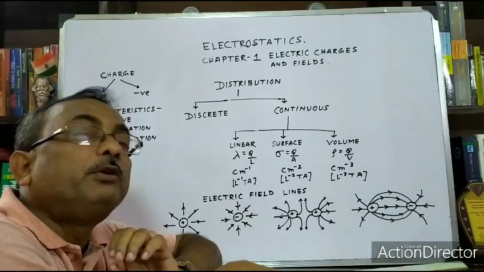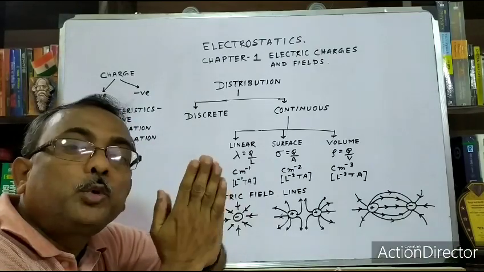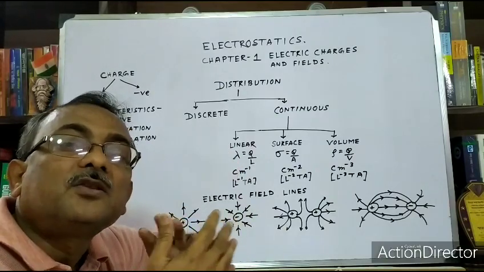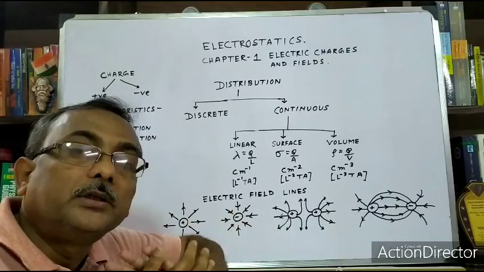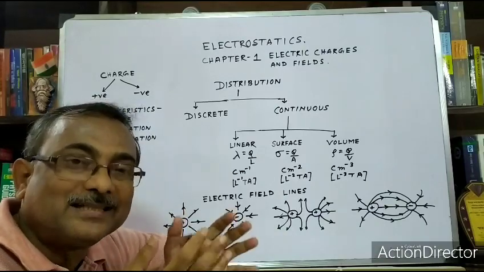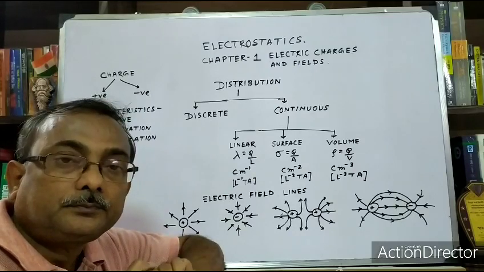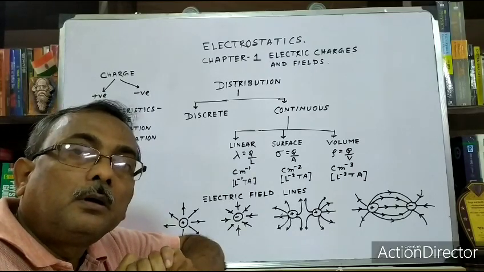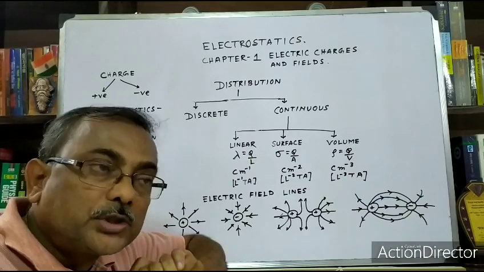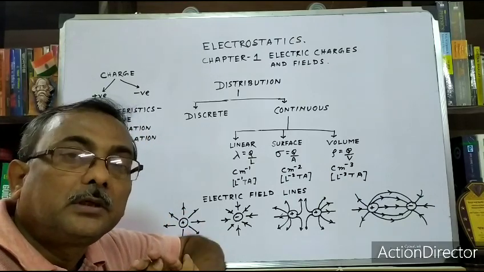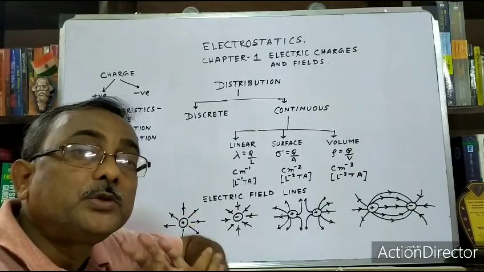When two different bodies are rubbed with each other and there is a transfer of electrons from one body to the other, as a result the body gets charged. Now here is a question. Electrons will transfer from which body to which body?